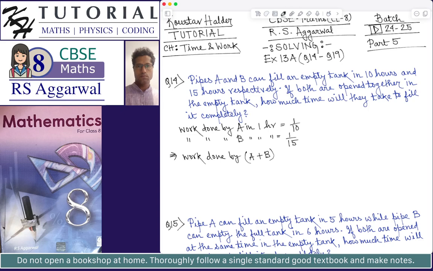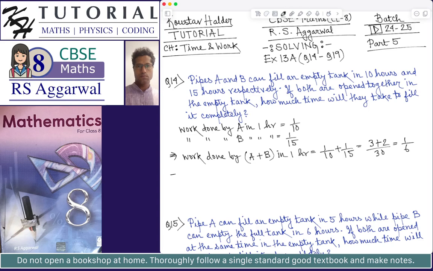So work done by A plus B in 1 hour will be equal to 1 by 10 plus 1 by 15. This is equal to 3 plus 2 divided by 30. This is equal to 5 by 30, which is equal to 1 by 6. So in 1 hour, the work done by A plus B is 1 by 6.